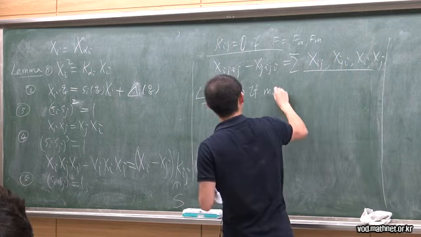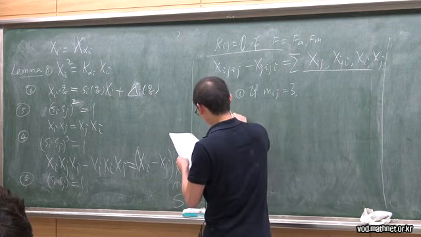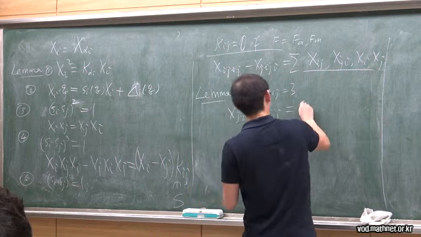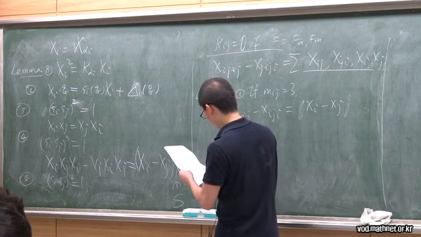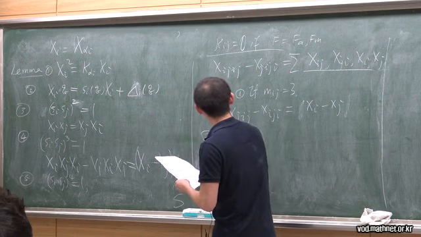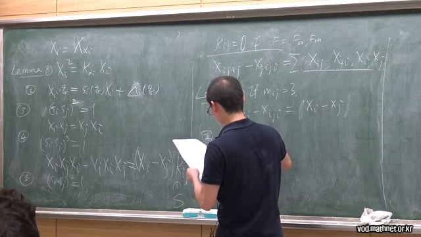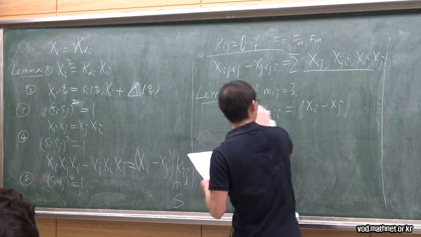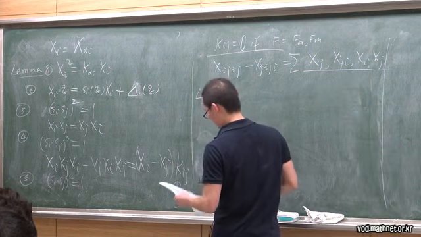So if Mij equals 3, in other words, if this power is 3, then you have this xjij and xij equals xi minus xj. Maybe, due to the time, I should give the simplified version.